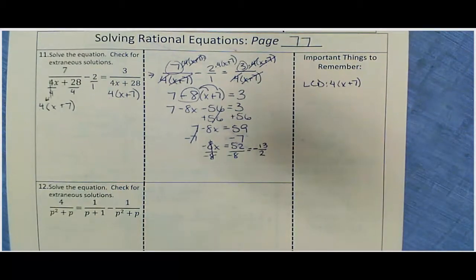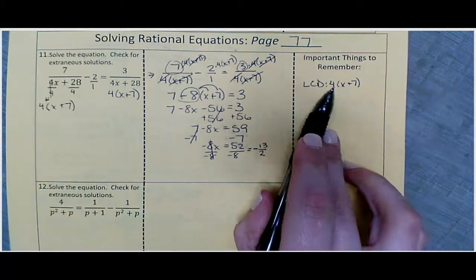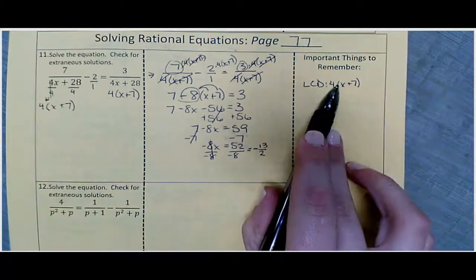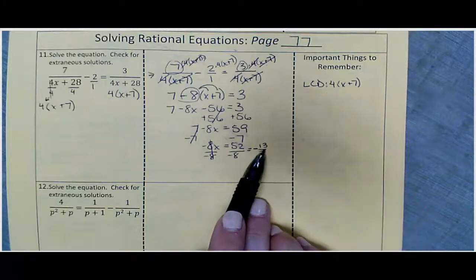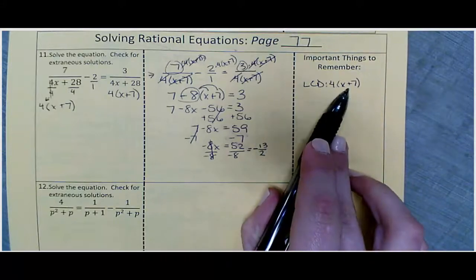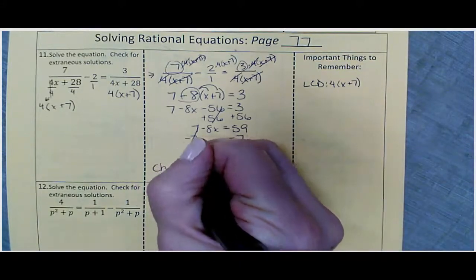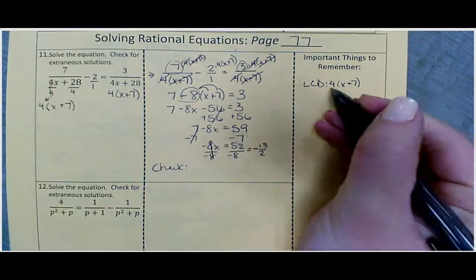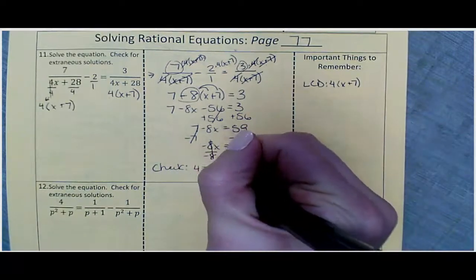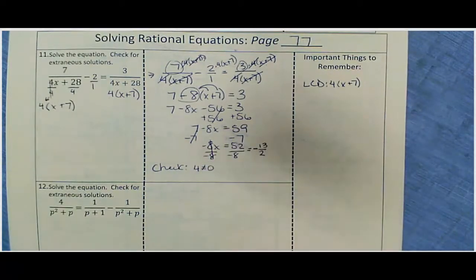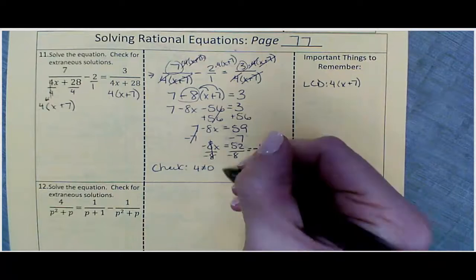But I do need to check for extraneous solutions, so I need to make sure that nothing in my least common denominator is going to be 0 when I put this in. So I'm going to set each factor not equal to 0. So when I check, 4 is a factor, set 4 as not being equal to 0. Well, that's not a problem. 4 is not equal to 0.